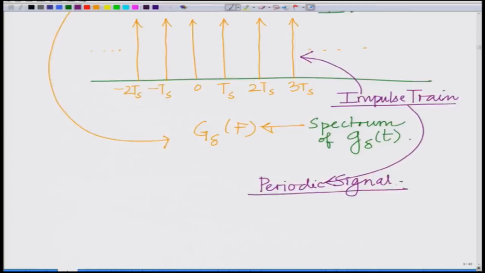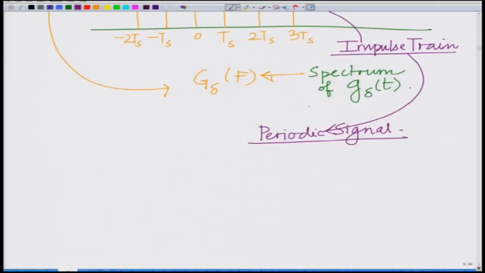The impulse train is a periodic signal since there is one impulse every Ts. So, you have an impulse at 0, at Ts, 2 Ts, minus 2 Ts and so on. So, this is a periodic signal with period equal to Ts.